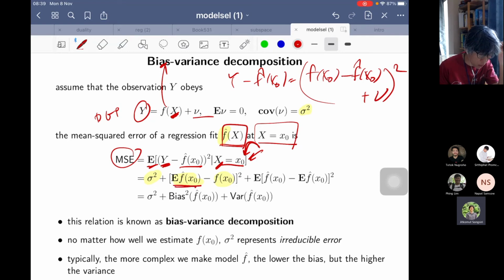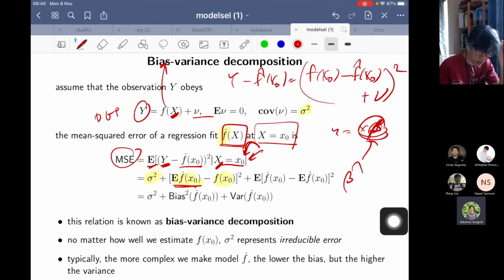Why is your f hat random? Because your f hat depends on what? Think about your model. For example, this is your linear model. Your model depends on the parameter, but usually your parameter depends on y. The way you compute beta hat, of course, you're going to use the data.